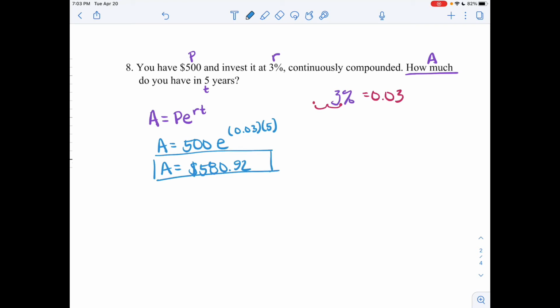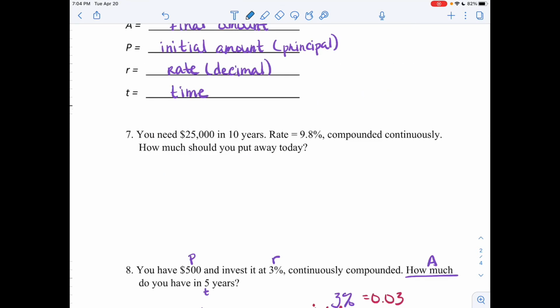Let's go ahead and take a look at number 7. So for number 7, we're told that we need to have $25,000 in 10 years. Maybe parents are saving for college or something. For somebody that's in elementary school, yeah, that's it. And so our final value, the value that we want to have at the end of 10 years, is $25,000.